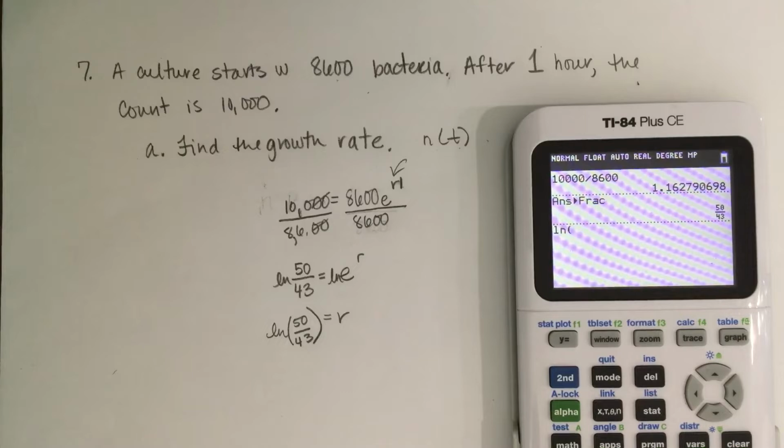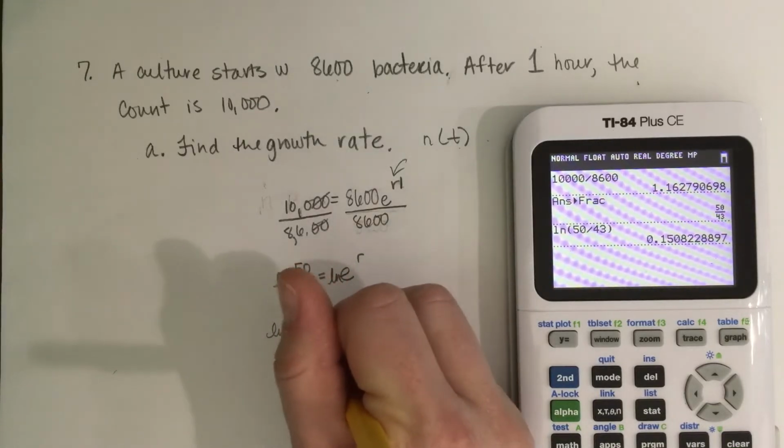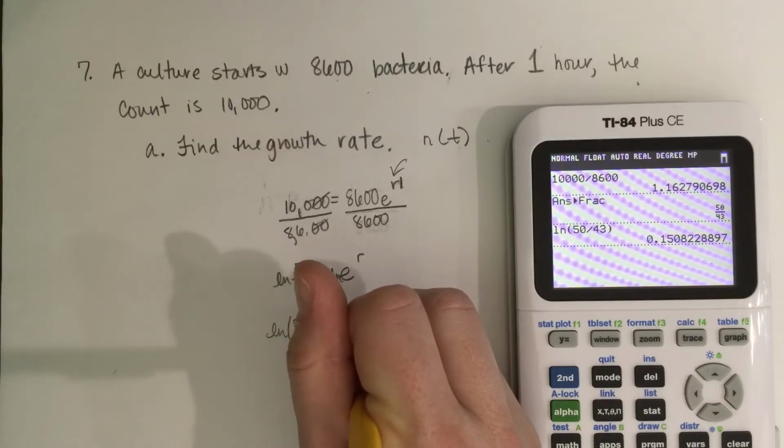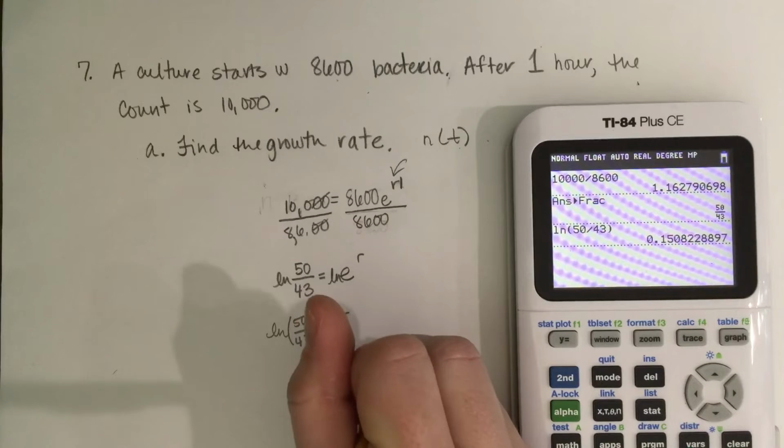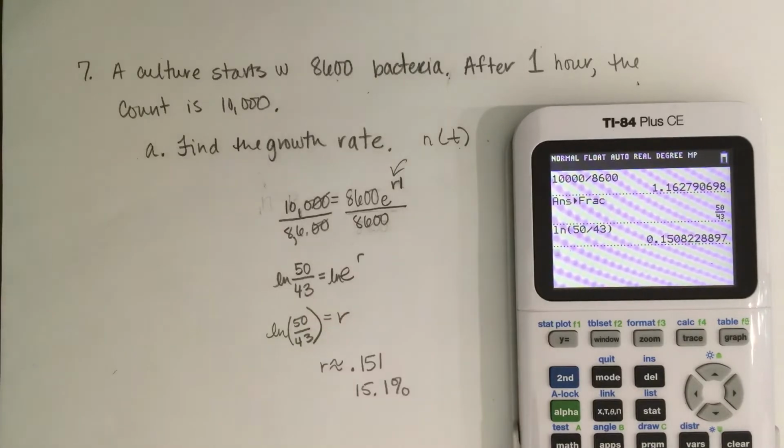Now, we can estimate the natural log of 50 divided by 43. So it looks like it's going to be 15.1%. But that 15.1% was rounded.